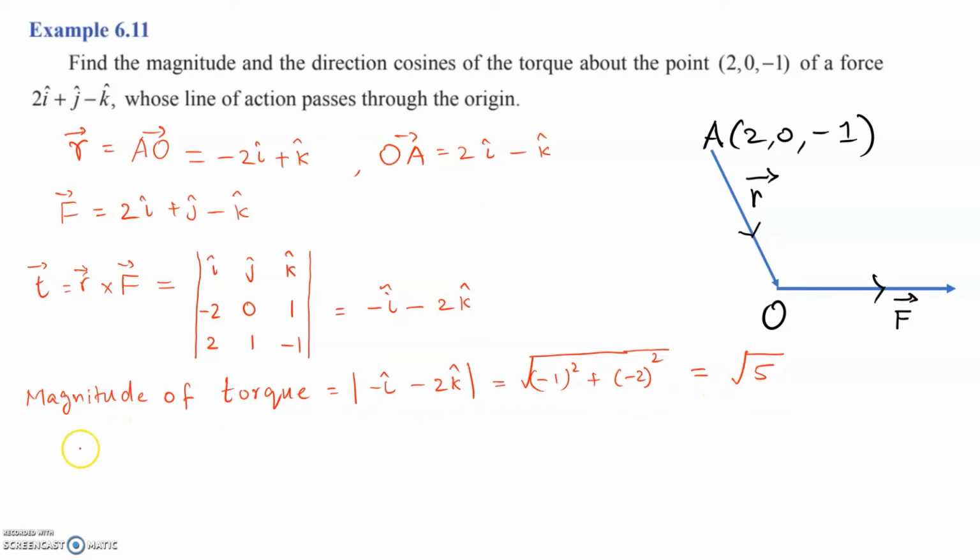So that's the magnitude. Now let's find the direction cosines. So direction cosines will be: coefficient of i cap is -1 divided by the magnitude, which is √5, comma, for j cap the coefficient is 0, so it is 0, and for k cap it is -2 over √5. So that's our direction cosines.